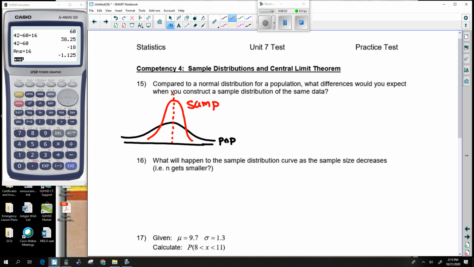So what differences do I see? Well, I see that it's taller. So I see that samples have it's taller, so that'd be a larger relative frequency around the mean.